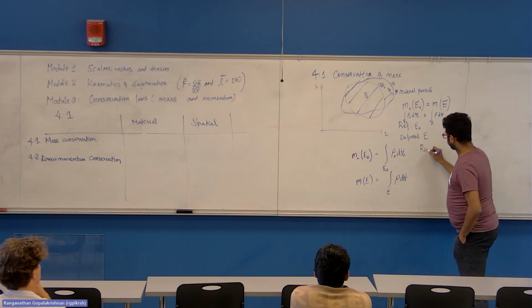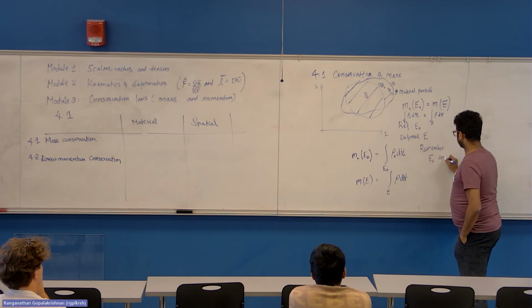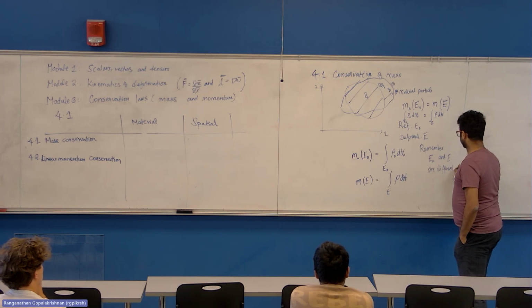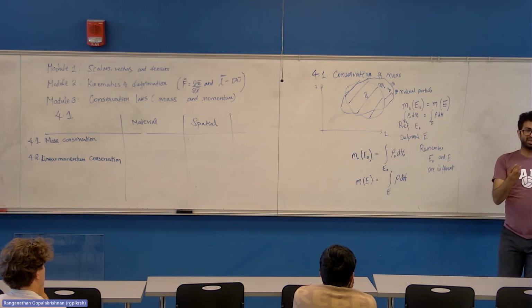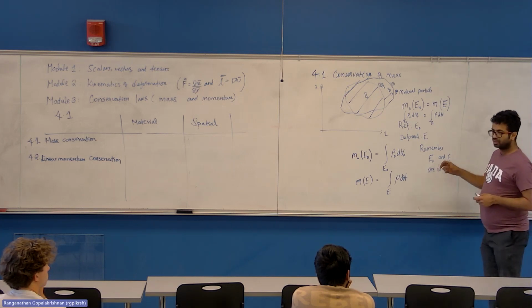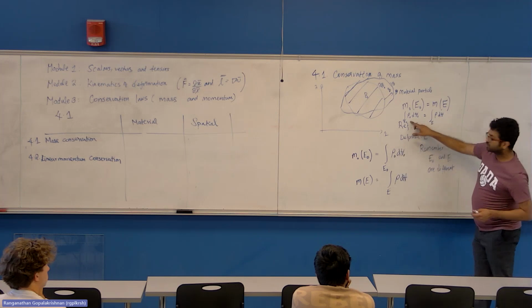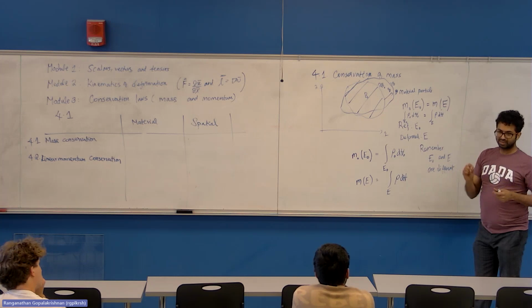Now remember, B naught and B are different shapes. They are not the same shape, so the integration limits will change. For simplicity, let's take a sphere, like a little marble or ball of metal, and you are given a hammer and you keep tapping it until you flatten it into a disc. So in this example, B naught would be a sphere, so the integration would correspond to a sphere, whereas B will correspond to a disc of certain radius and thickness.